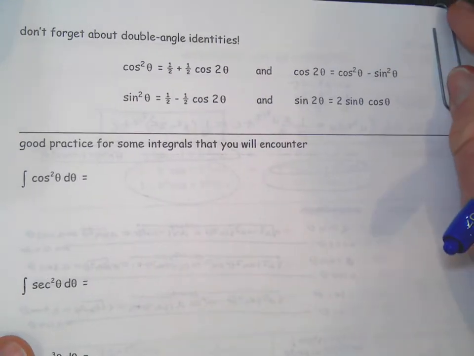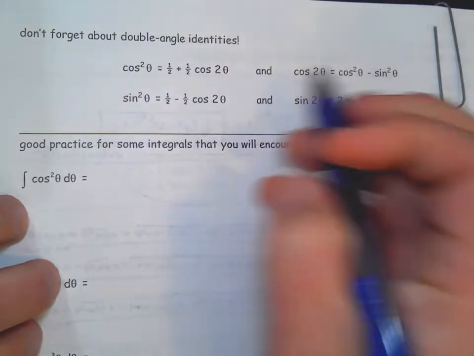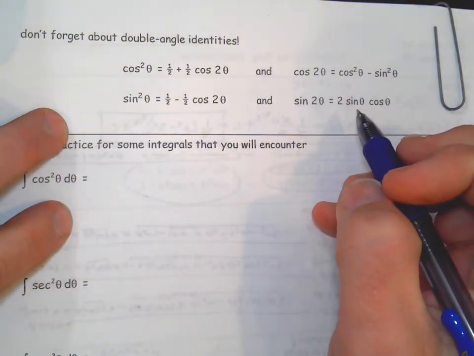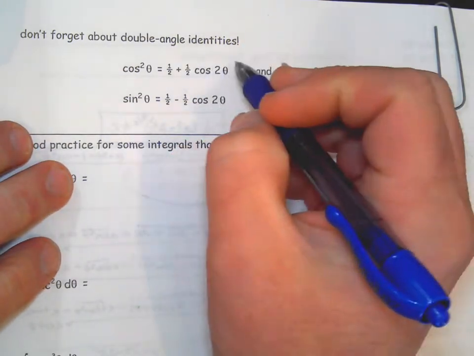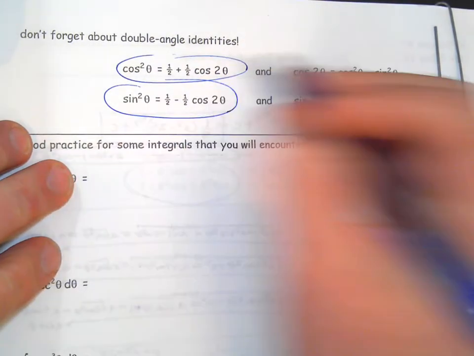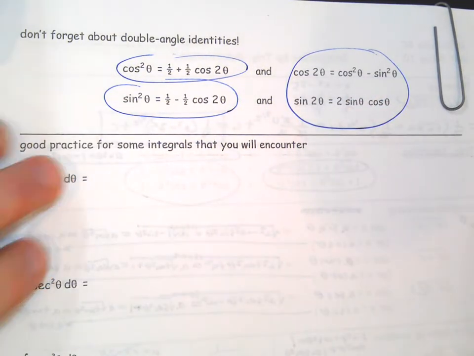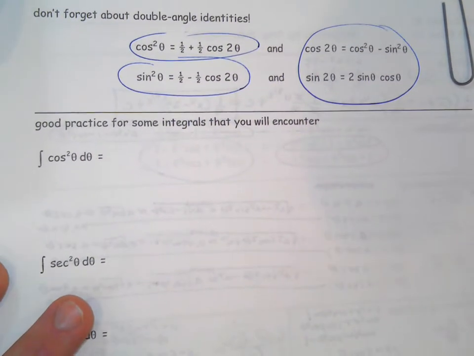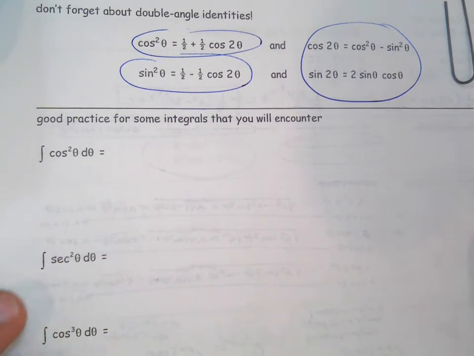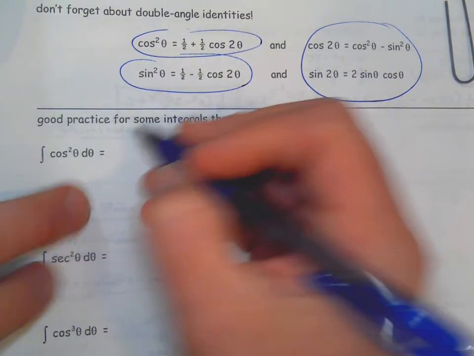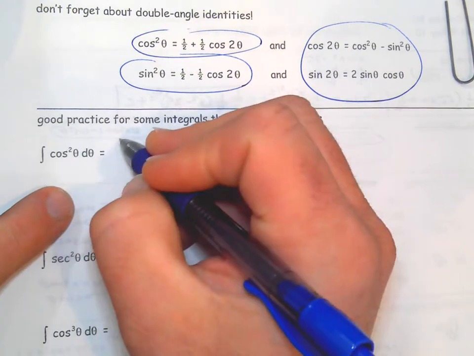Don't forget about your double angle identities. You might get cosine squared or sine squared in your answer, so the double angle identities for cosine are here. We use these a lot in polar. Also, you might use this. Those might come in handy. Here is an example right away: how would you integrate this if this is what you got?